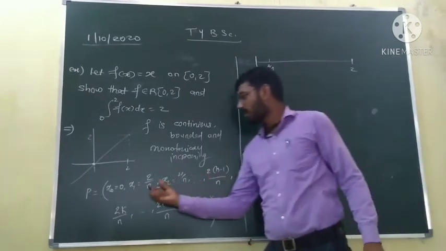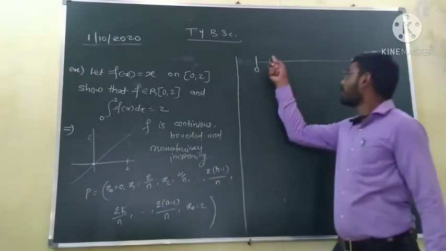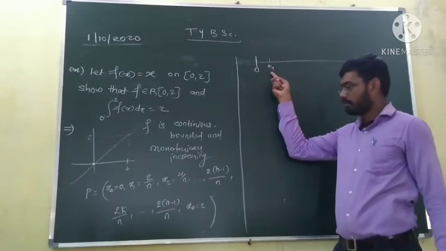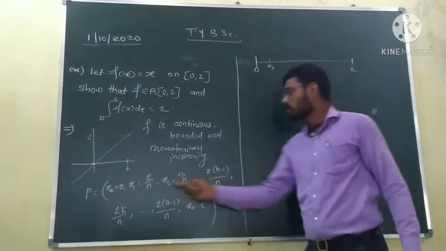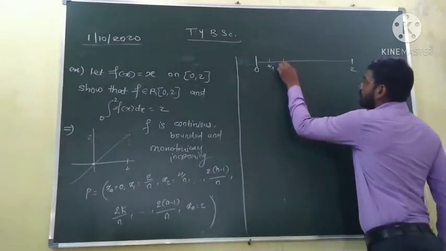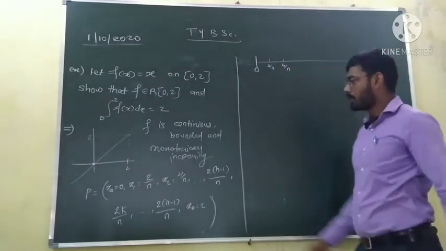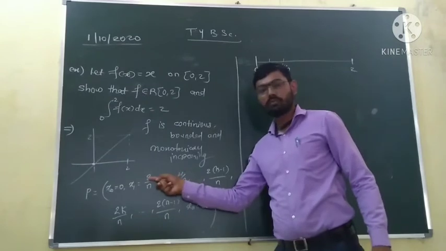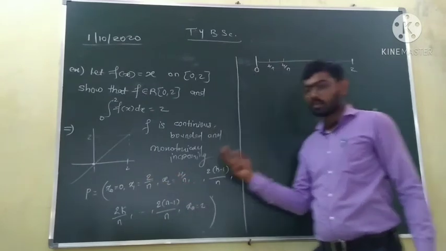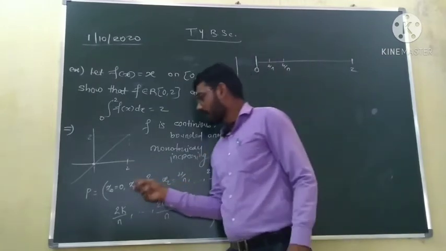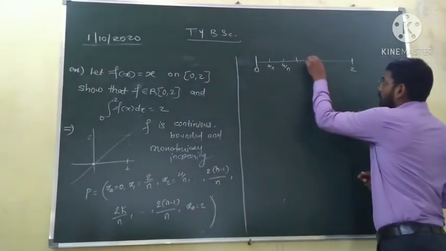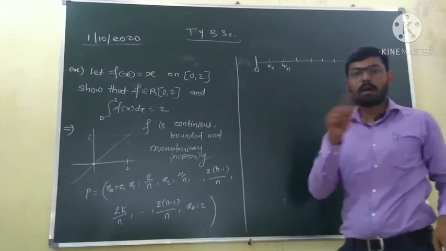So the length of the first subinterval is 2 by n minus 0, so 2 by n. The length of the second subinterval is 4 by n minus 2 by n. Okay, here is 4 by n. So 4 by n minus 2 by n, so 4 minus 2, 2 upon n. So the length of the second subinterval is also 2 by n. So observe that here the length of each subinterval is 2 by n.